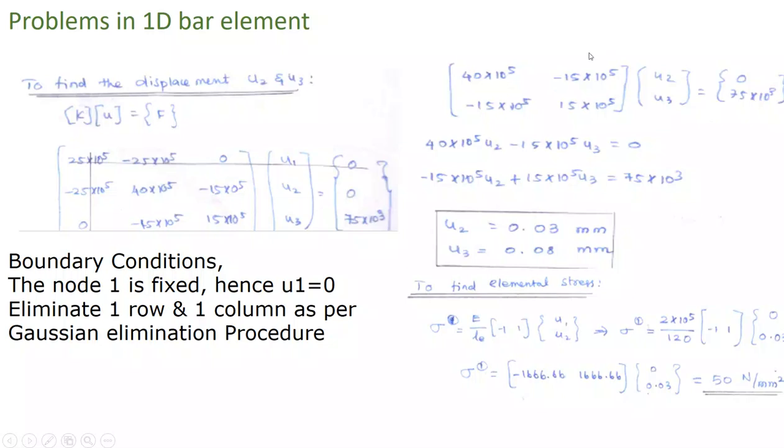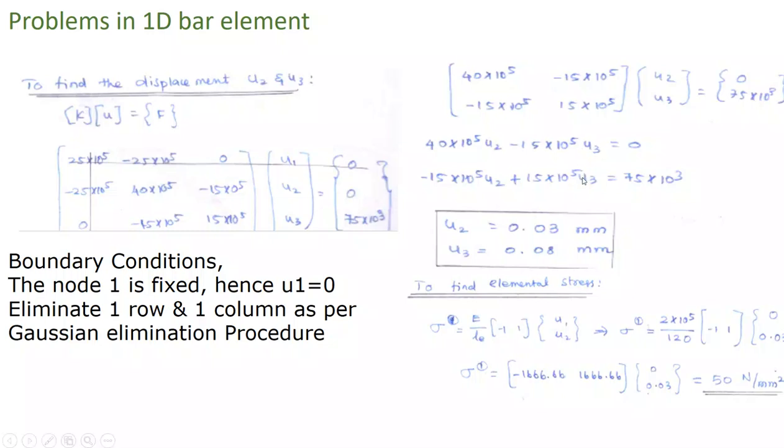To solve this matrix, we convert it into equation form. So 40 into 10 to the power 5 into u2 minus 15 into 10 to the power 5 into u3 equal to 0, and minus 15 into 10 to the power 5 into u2 plus 15 into 10 to the power 5 into u3 equal to 75 into 10 to the power 3.